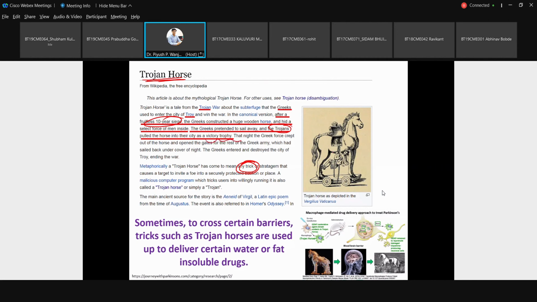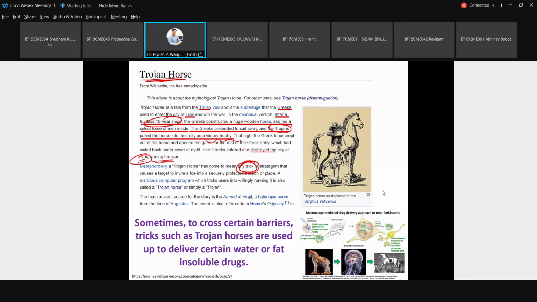So the Greeks hid under this horse, and at night, when the Trojans thought the Greek forces had gone, and were not aware, the Greeks came out and finally destroyed the city of Troy. You might have seen this movie called Troy, and they ended the war.